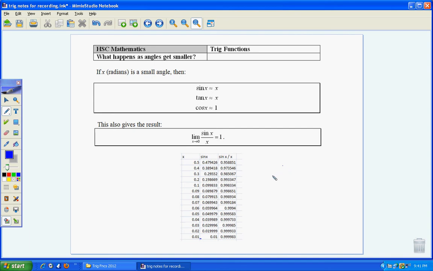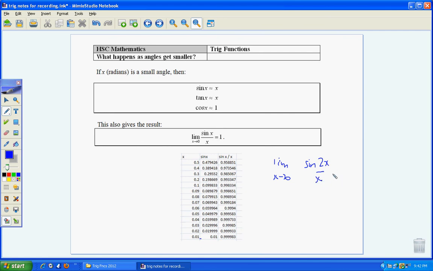So an application that we might see, not necessarily in the 2-unit course. We don't see it very often in the 2-unit course. More than likely, it would appear in an Extension 1 paper as a harder 2-unit question. But if we've got the limit as x approaches 0 of sine of 2x on x.